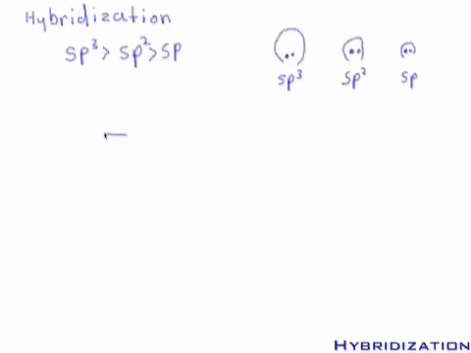This effect can be readily seen in bases where you have the lone pair in an sp squared, such as in pyridine, versus the lone pair in a molecule like piperidine. In piperidine, the nitrogen's sp cubed hybridized.